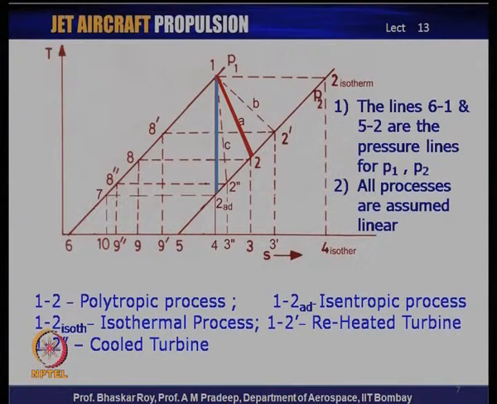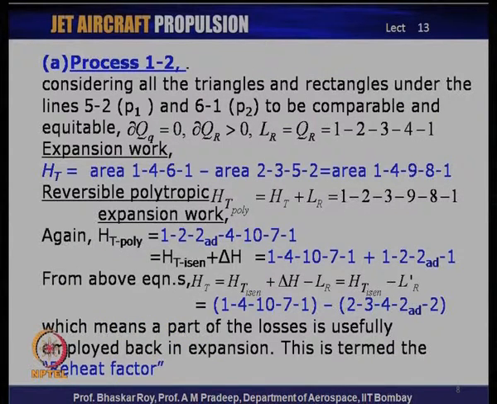That means this triangle 8968 is considered equal to 2352. That is the assumption, that with all things being linear and parallel to each other we can arrive at that, and as a result the expansion work is 14981.